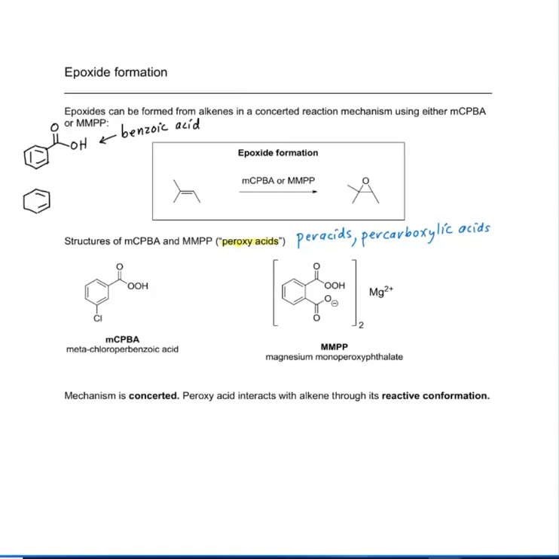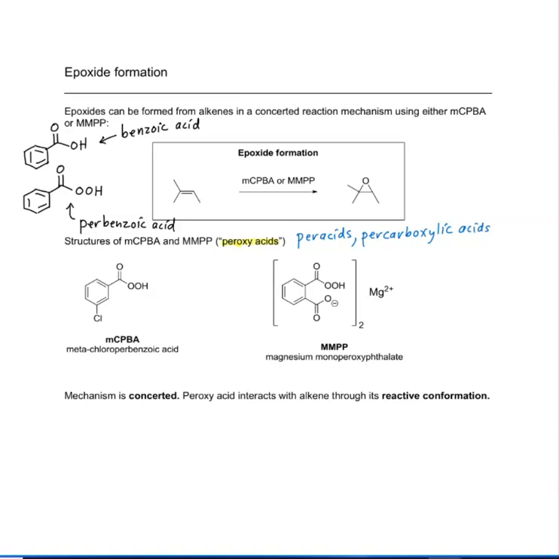But a similar compound, instead of having an OH group, has an OOH group. That would be called perbenzoic acid. So that's an example of a peroxy acid. It has an extra oxygen where usually you have just one oxygen in that OH group.